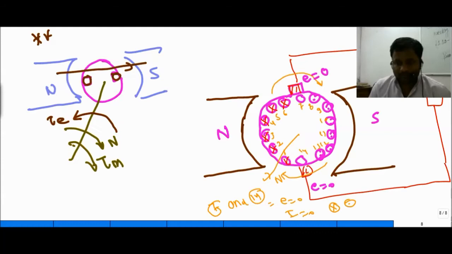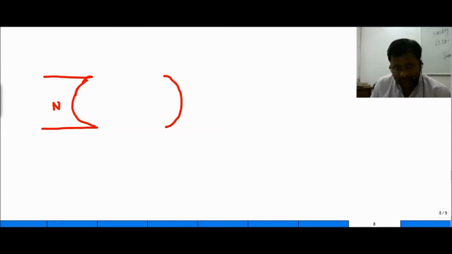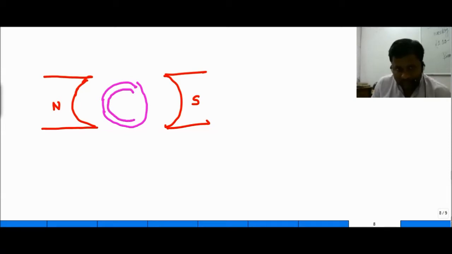If we are increasing the commutator segments like this, let us suppose this is pole 1, the north, and this is pole 2, the south, and here we are using 4 commutator segments: segment 1, segment 2, segment 3, segment 4.